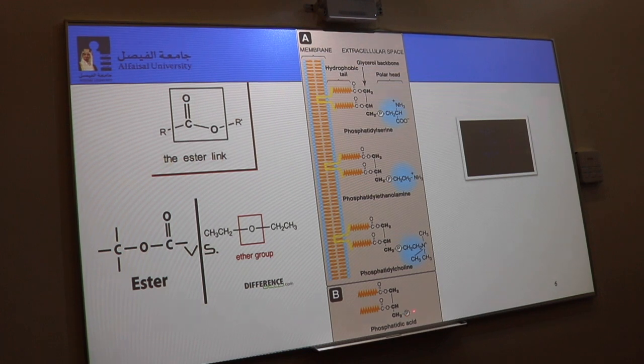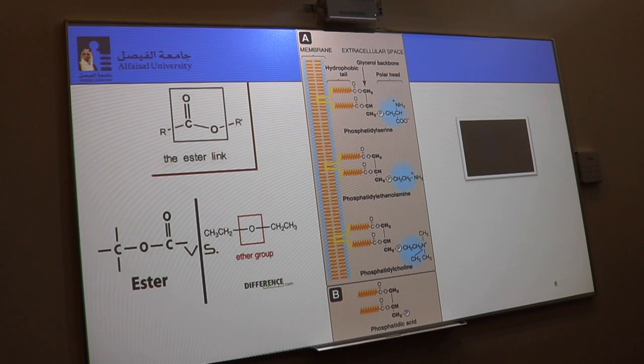You see, they have only a phosphate group here. So only glycerol, two fatty acids, and phosphate is phosphatidic acid, and then phosphatidic acid is the precursor of all these types of phosphoglyceride. You have phosphatidylcholine, phosphatidylethanolamine, phosphatidylserine, phosphatidylglycerol, and many other types of glycerophospholipid, but these are the most important types.